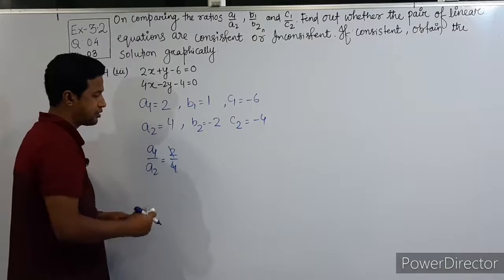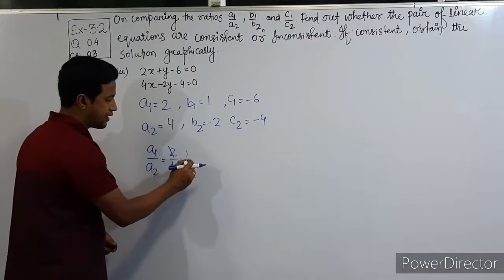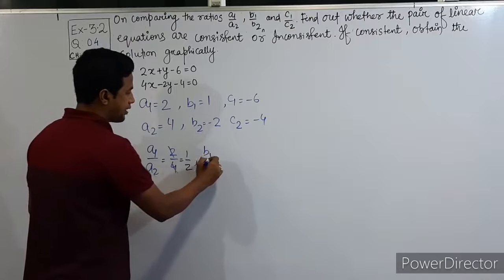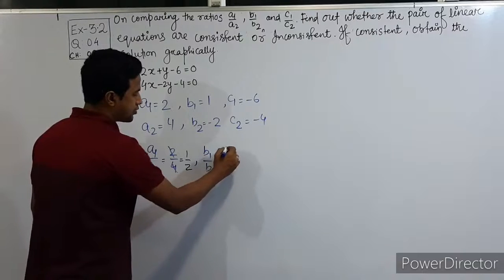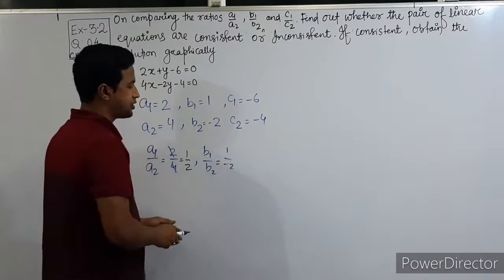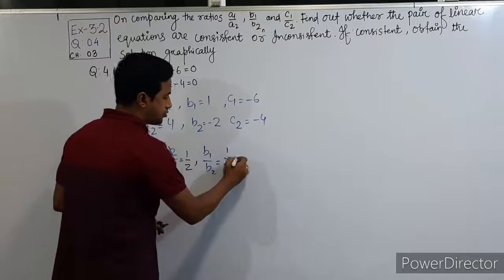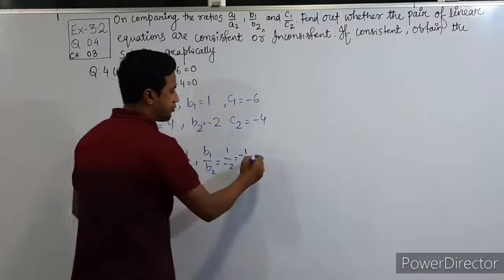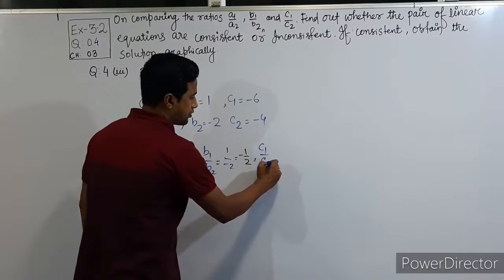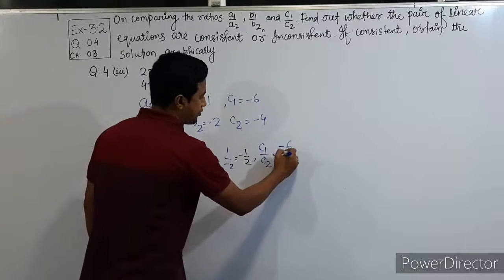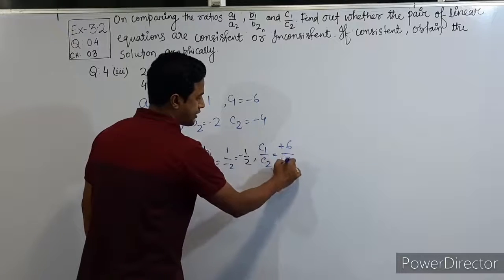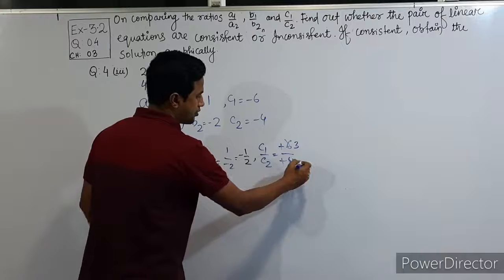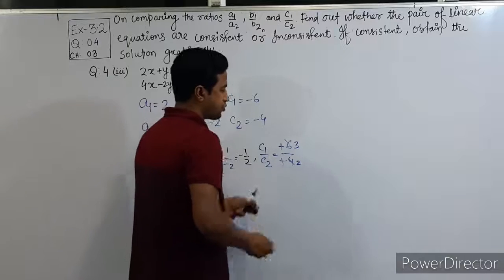After cancellation, I got 1 by 2. Now the next one, b1 by b2, that is 1 by -2, which equals -1 by 2. And the third one, c1 by c2, I got -6 upon -4. Here minus cancels, and after cancelling I got 3 by 2.